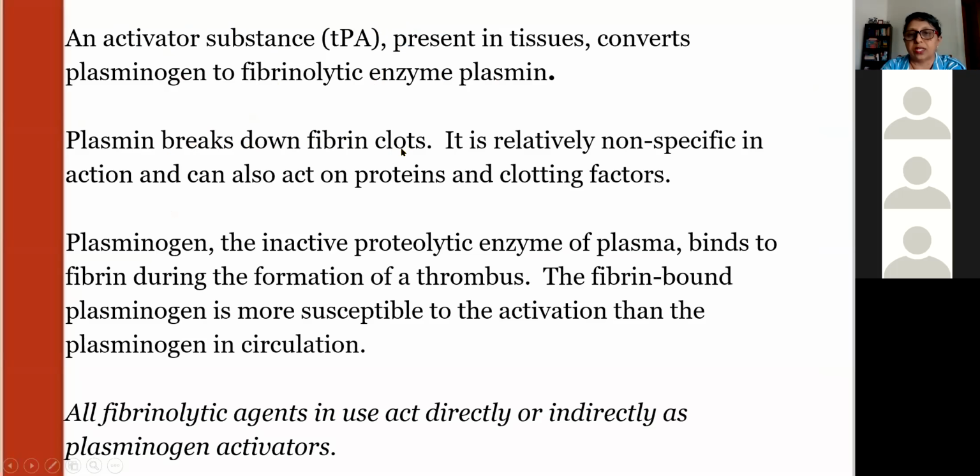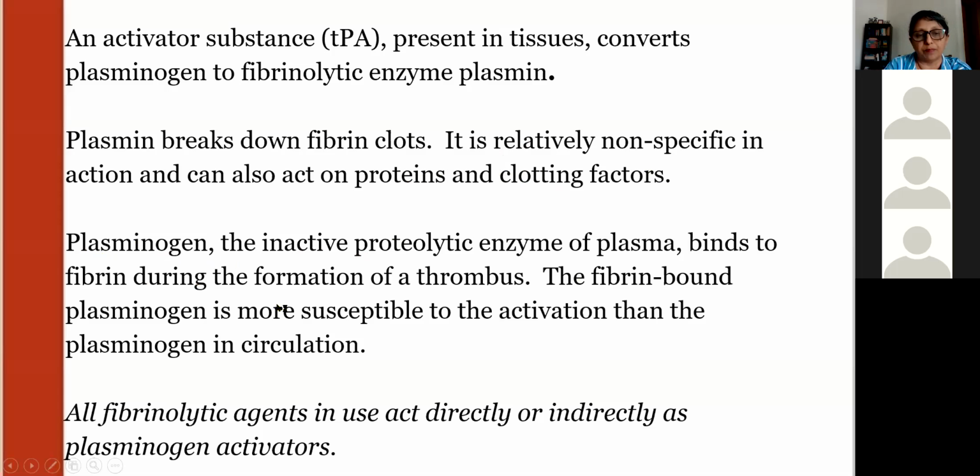But one problem is that plasmin is non-specific in action, because it acts on proteins bound to the fibrin as well as other circulating proteins. Plasminogen, the inactive proteolytic enzyme, binds fibrin during the formation of a thrombus.